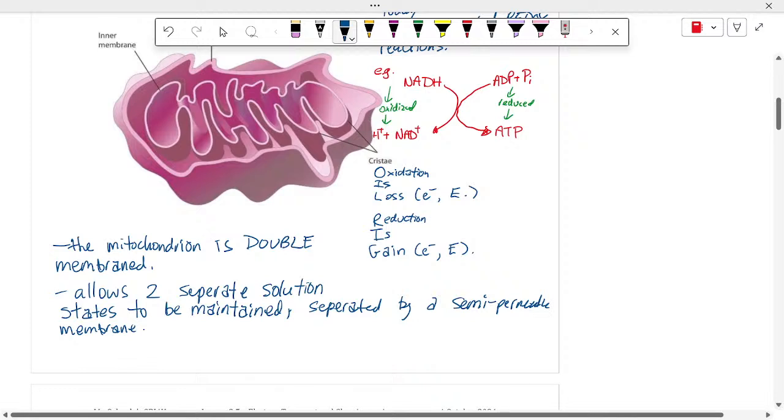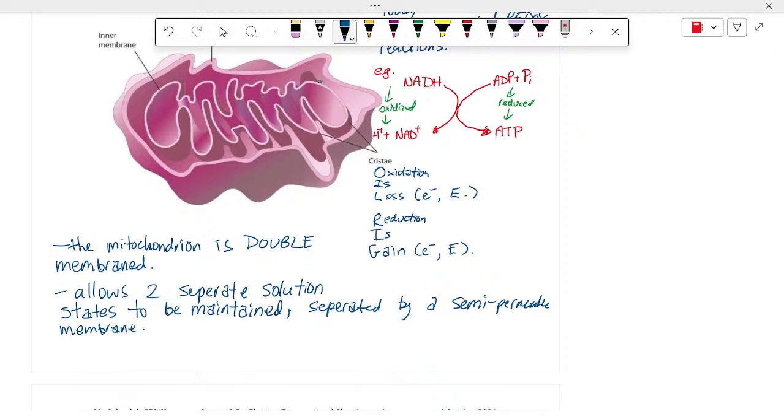Basically, inside the cell, you've got the mitochondrion, and the mitochondrion itself is like two different sacs of fluid, one inside the other.